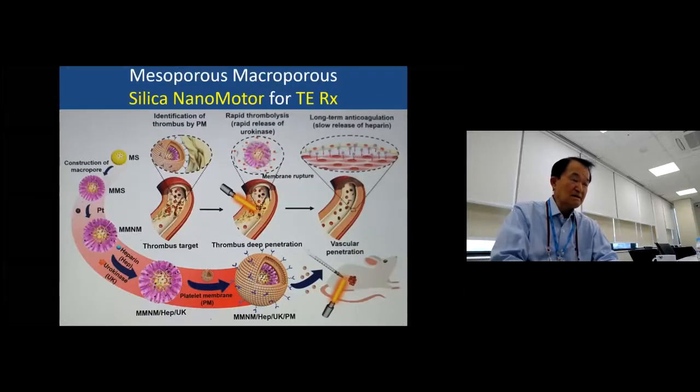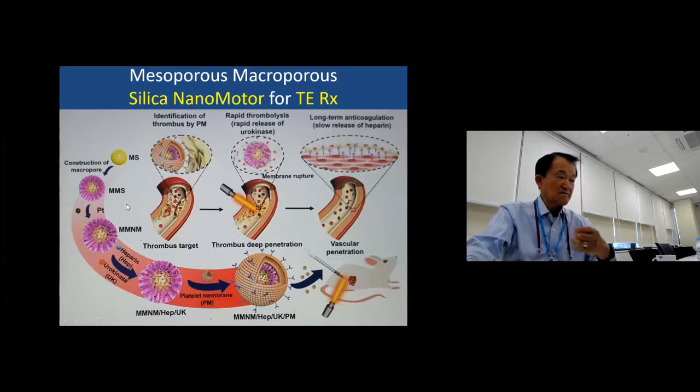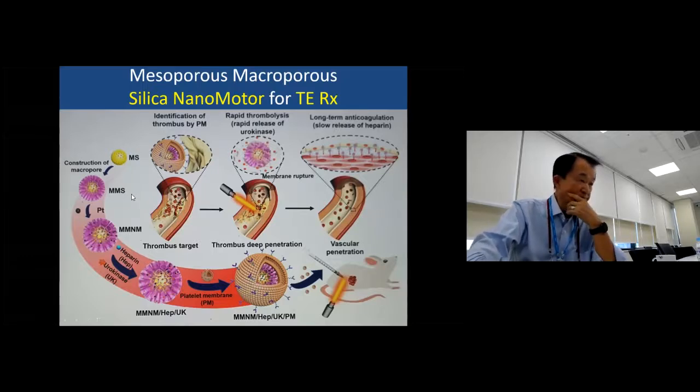So there are some new tools to mechanically remove this thing. This is called a Silica Nano motor. They put this tool here, and then maybe urokinase is released rapidly here.